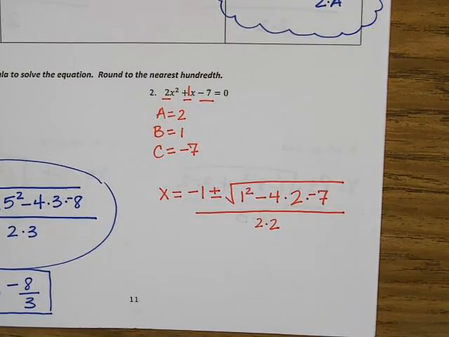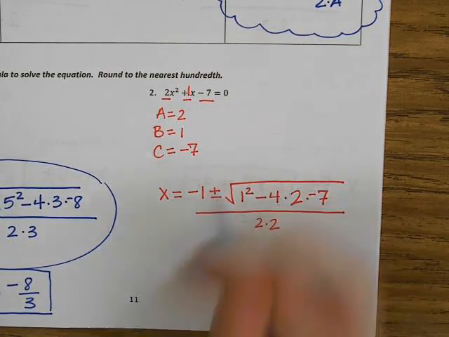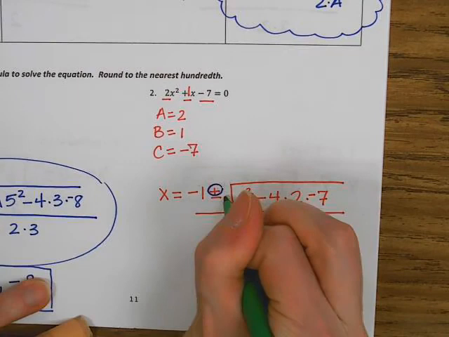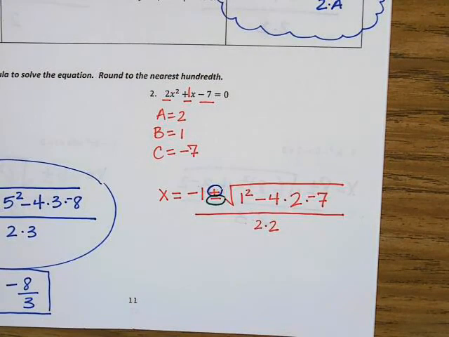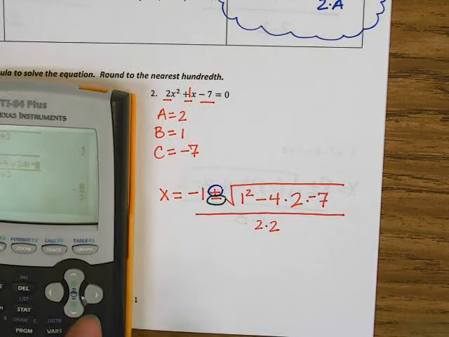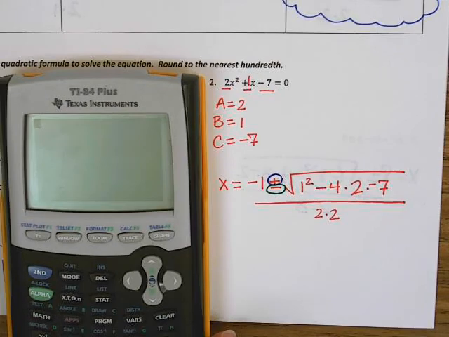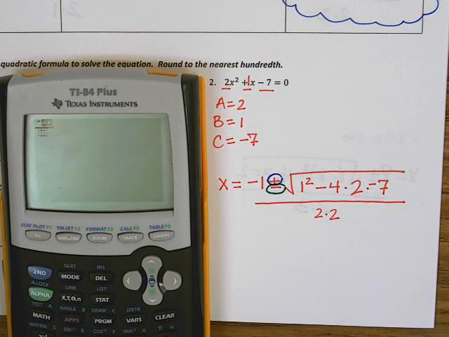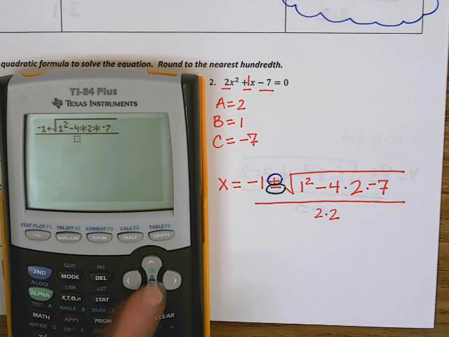And then we're just going to type that in. We'll do one version with the plus, and then we'll have to edit it with the subtract to get our 2 answers. Okay, so let's do it. Big fraction bar. Negative 1 plus square root 1 squared minus 4 times 2 times negative 7 all over 2 times 2.